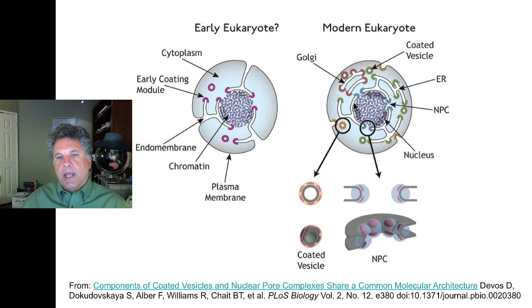Note that this does explain why there is a double membrane system, not a single lipid bilayer like there is at the plasma membrane, because the double membrane system would arise from this type of invagination.